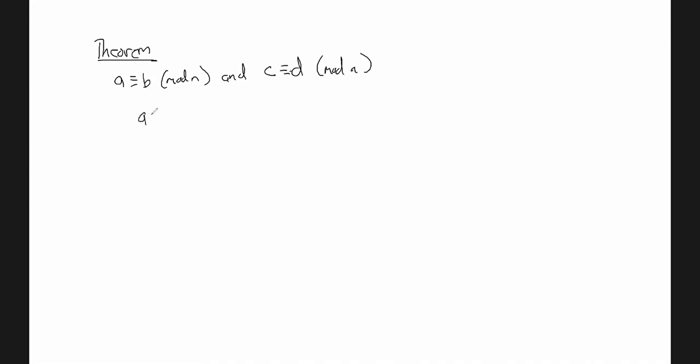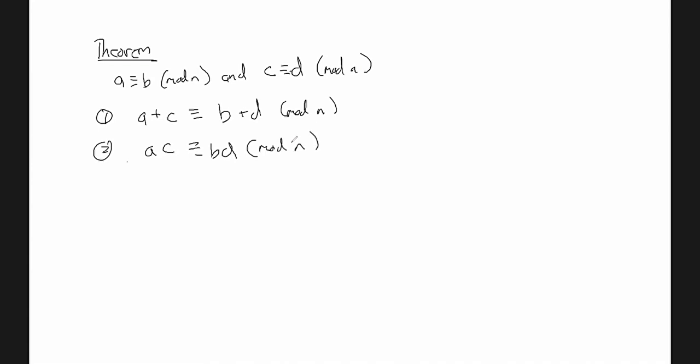If we add A and C, that'll be equivalent to if we had added B and D mod n. And we had a multiplication rule as well.